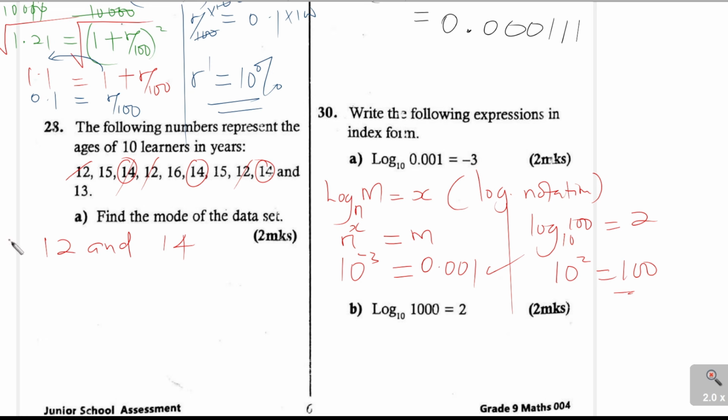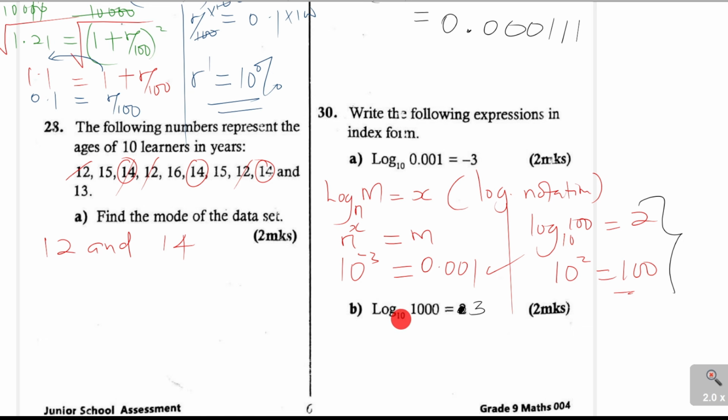Now having known that, it is easier to write this. So this one will be 10 to power 2. I can see there is a slight error there. This one is supposed to be 100, and actually I gave the example here. This one should be 3, not 2, because you have 1,000.